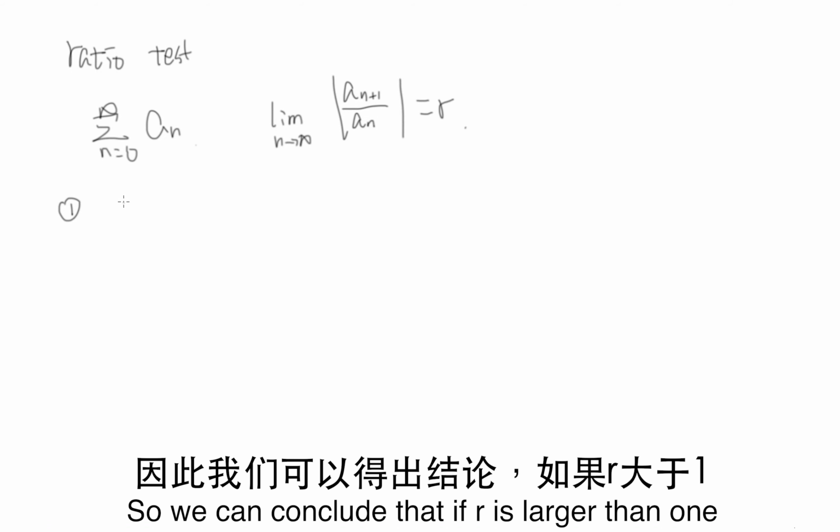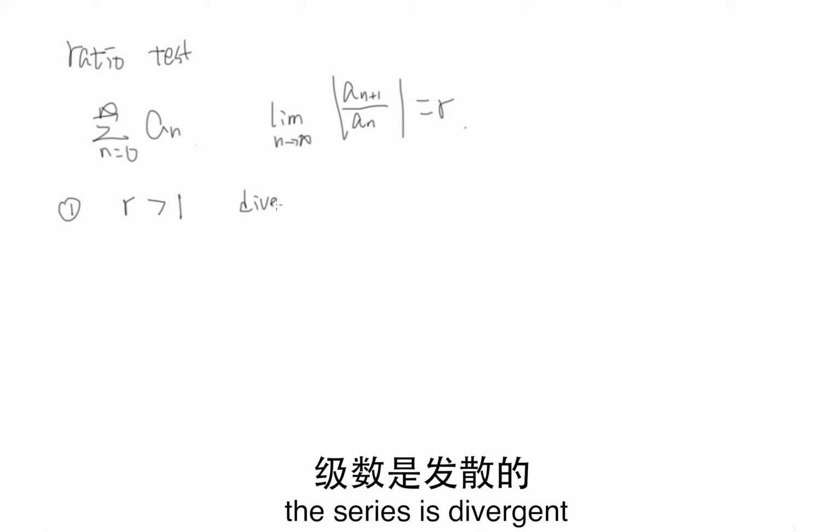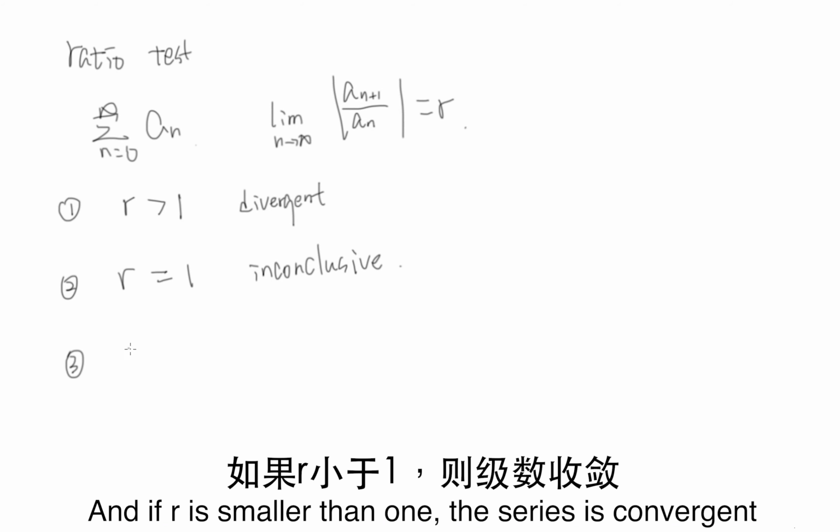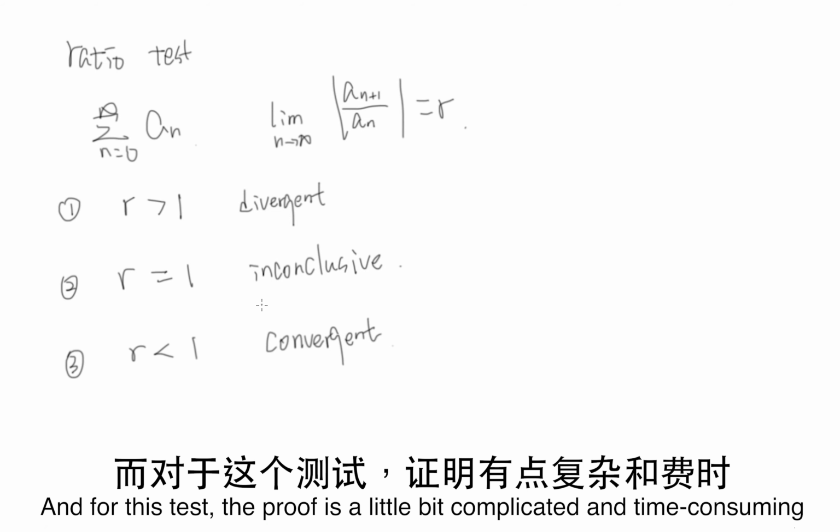So we can conclude that if r is larger than 1, the series is divergent. If r equals 1, the method is inconclusive. And if r is smaller than 1, the series is convergent. In this test, the proof is a little bit complicated and time-consuming, so I will not talk about it.